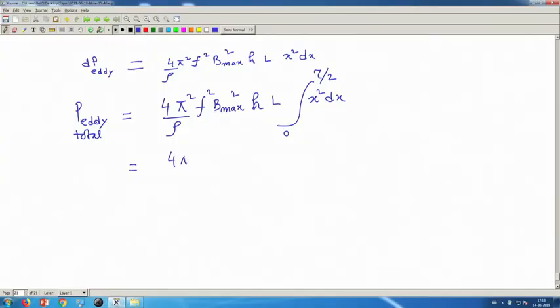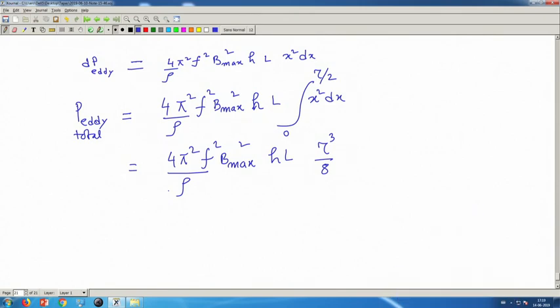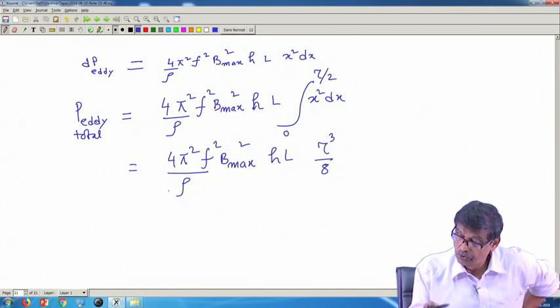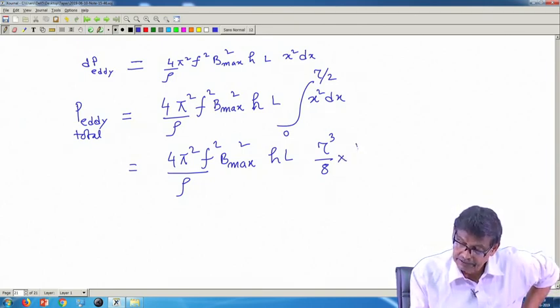What you do, 4 pi square f square B max square h L x cube by 3. So, it will be tau cube by 8 minus 0, and this is by rho. Is that correct?